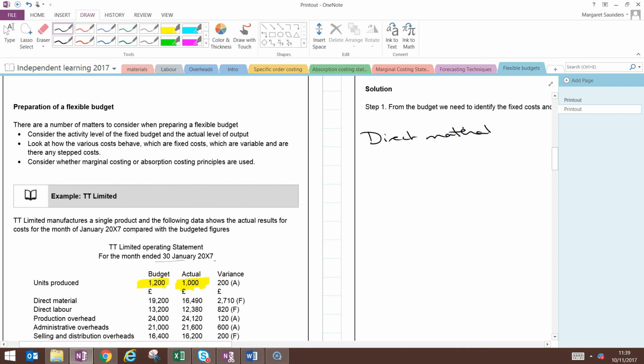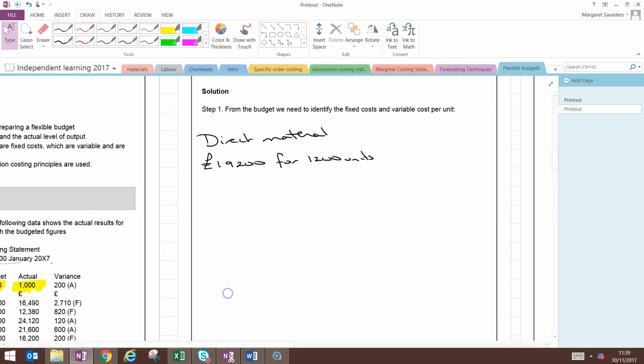What we have been told is that it is £19,200 for 1,200 units. Now we need the variable cost per unit. 19,200 divided by 1,200 tells us that the direct material is £16 per unit. The direct material is variable.